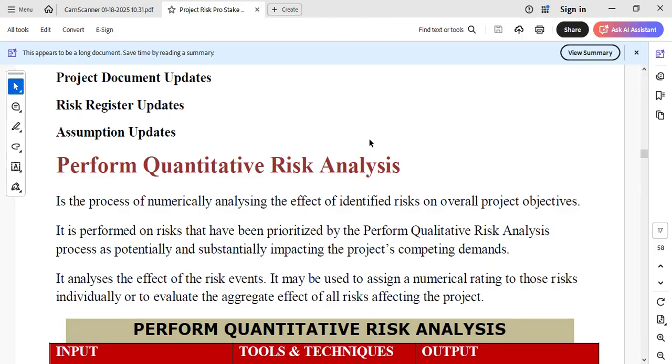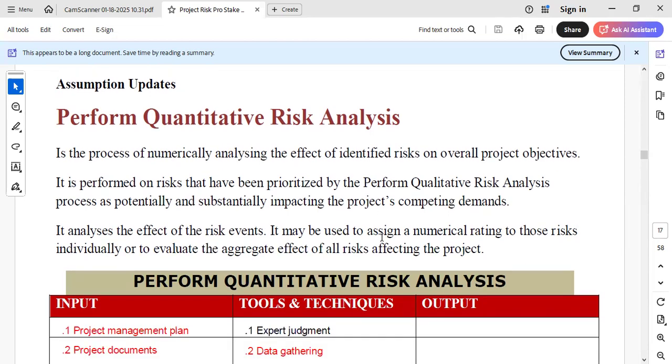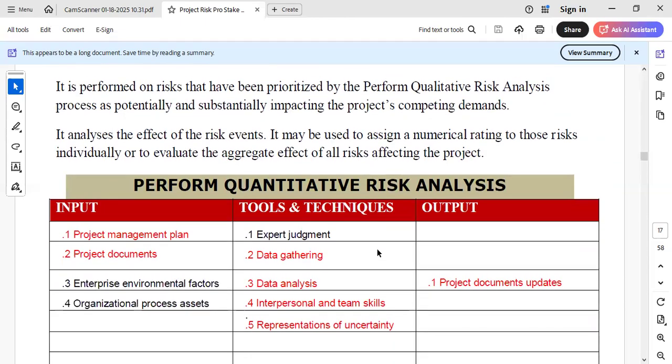This is performed on risks that have already been prioritized from the output of the qualitative risk analysis. So we analyze and give numerical ratings to those individual risks. That's what we do here.